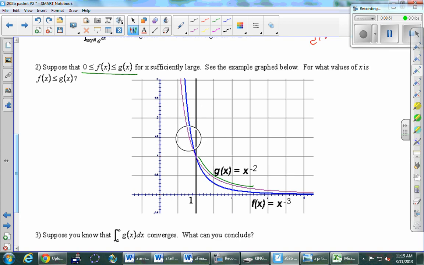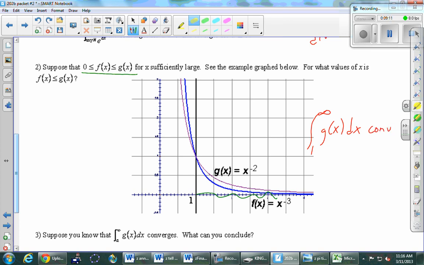Okay, so as long as you're past x equals 1, if you're anywhere out here, then the purple one is above. Fine. Suppose that I tell you that the integral of the purple one, when I go from 1 to infinity, suppose I tell you that integral converges.